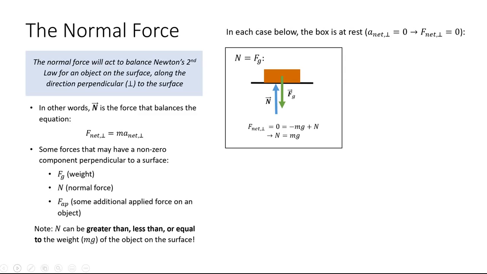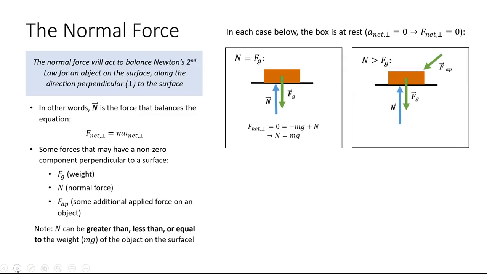Here it would be pushing up on the block, so I would do plus N. All right, so this is going to be the net force acting on my block in the direction perpendicular to the surface. We know that net force has to be equal to 0 since it's not accelerating up or down here. And so in this particular case, the normal force acting on the box is exactly equal to the weight of the box pulling down.